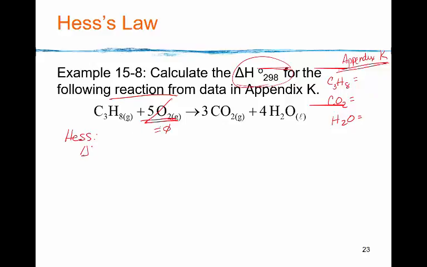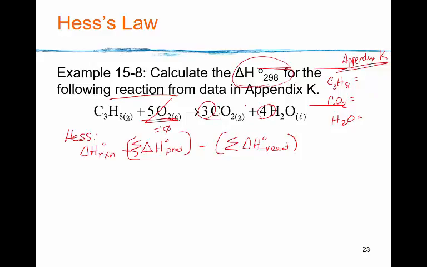Remember that crazy looking thing: the sum of all the delta H zeros of the products minus the sum of all of the delta H zeros of the reactants. But the only other thing is you've got to have the coefficients. Remember that one's a 1.